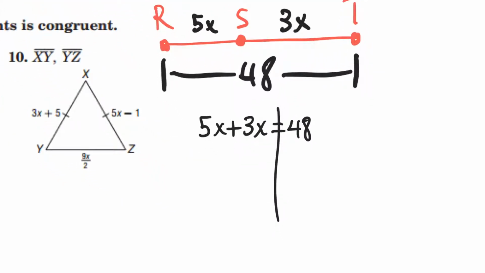Just put them together. Combine like terms first. If you have 5 x's and 3 x's, put those together. How many x's do you have? 8x equals 48. Then what? Divide by 8. That way these 8's turn into a 1. You get 1x equals 6. x equals 6.